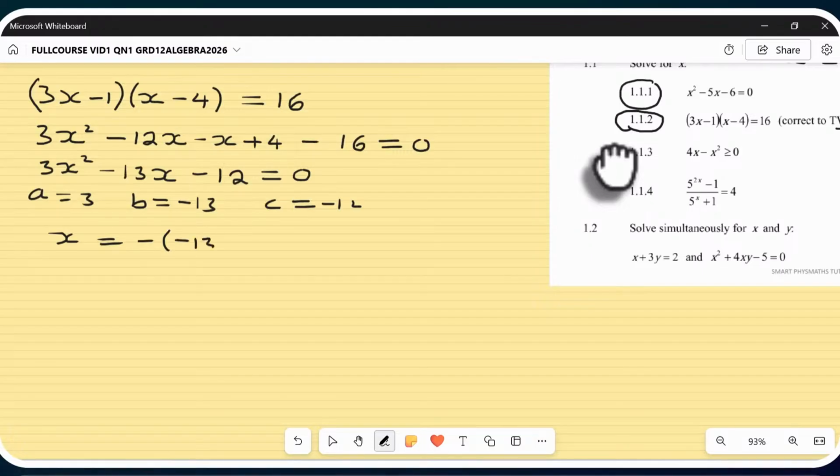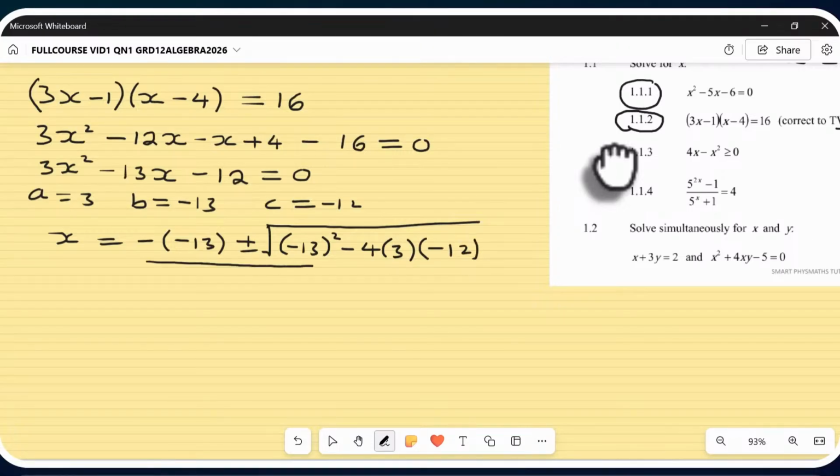Our b is negative 13, so I say minus 13 in brackets squared, minus 4, our a is 3, and our c is negative 12, then divided by 2a, but our a is 3. So from here, we get two answers.